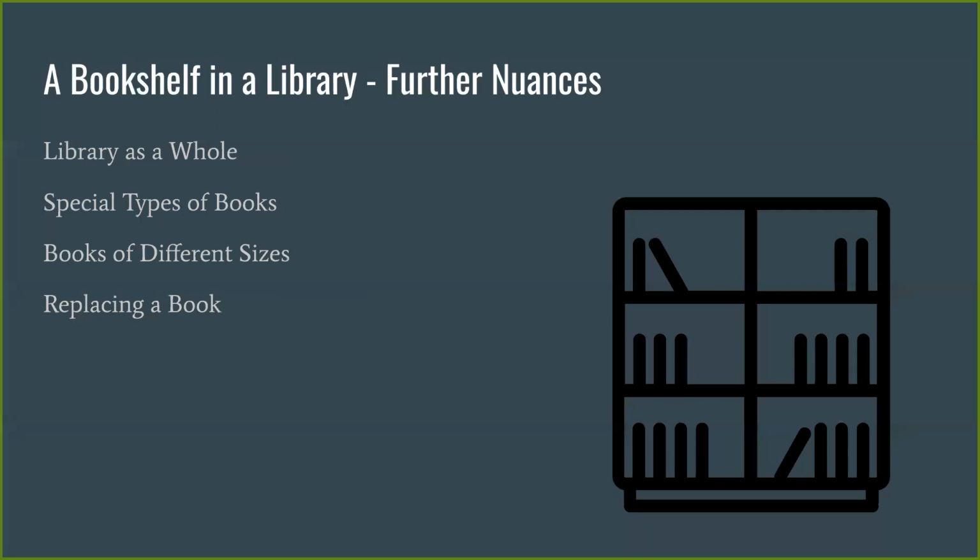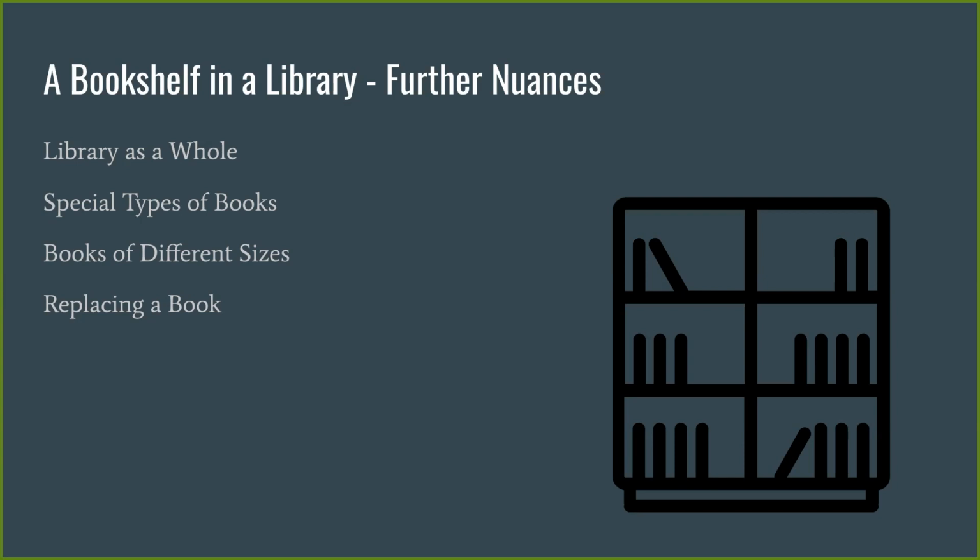So a library with multiple bookshelves can be seen as an array of arrays. We usually call this a multi-dimensional array. Each shelf will be an array that can hold a series of books, which are elements, and the entire library will hold multiple shelves.